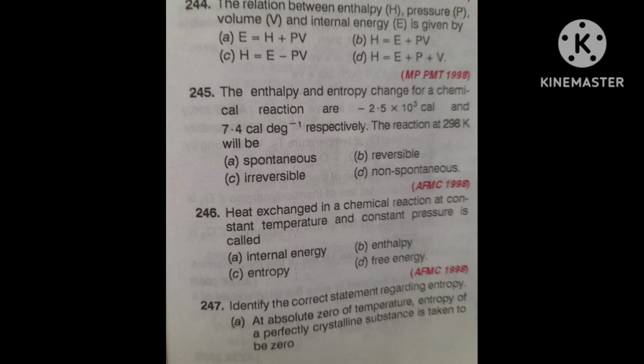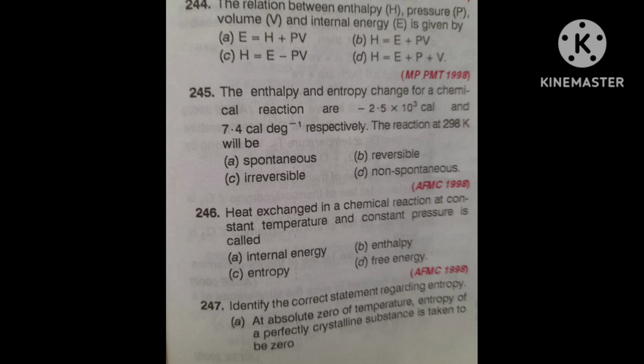calorie per degree, and you have to calculate at 298 Kelvin, means 273 plus 25, it became 298, means the temperature is 25 degrees centigrade.